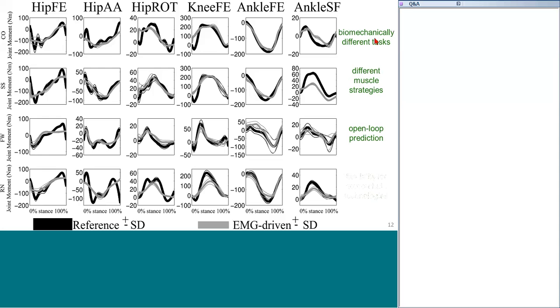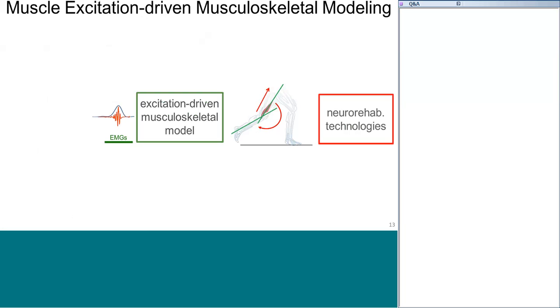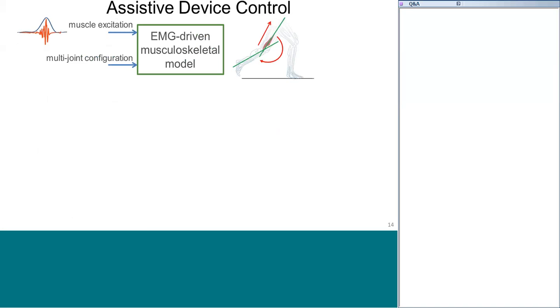So this flexibility in the calibrated model is quite important in the context of neurorehabilitation technologies. And with the next slide, I'd like to talk a little bit about this. So the key point is that the EMG-dependent predictions of muscle force and joint moments can actually be used to implement proportional control in exoskeletons.